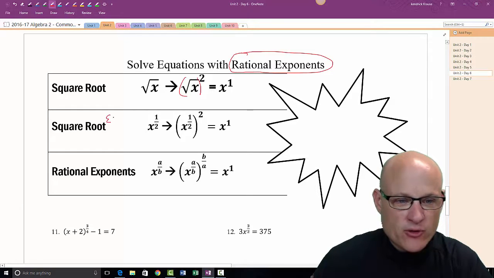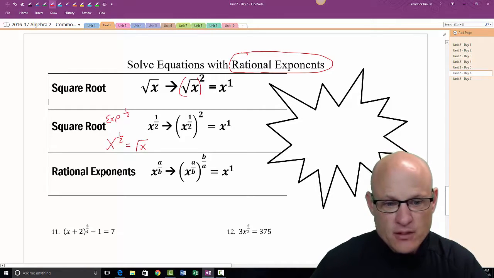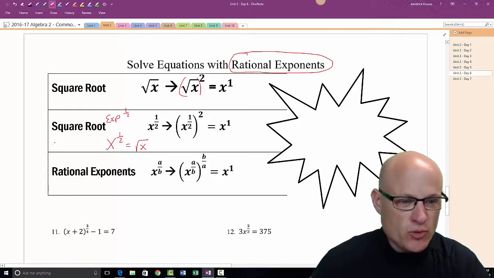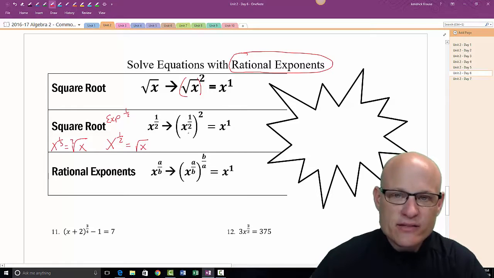1/2 is the exponent for a square root. So x to the 1/2 is really equal to the square root of x. They are equivalent. The cube root, x to the 1/3, is equal to the cube root of x. Let's see how that works.